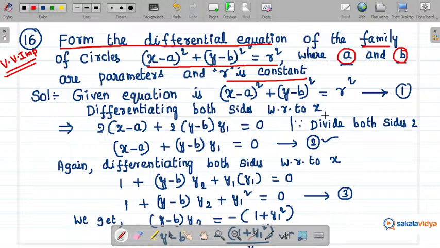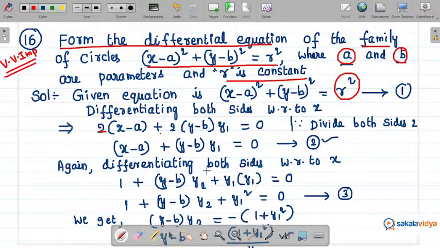Differentiating both sides with respect to x: the derivative of (x minus a) whole square is 2 times (x minus a), plus the derivative of (y minus b) whole square is 2 into (y minus b) multiplied with the derivative of (y minus b), which is y1 because the derivative of b is 0, equal to 0, since r square is constant. Divide both sides by 2, we get (x minus a) plus (y minus b) y1 is equal to 0.